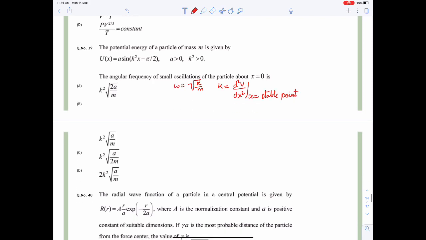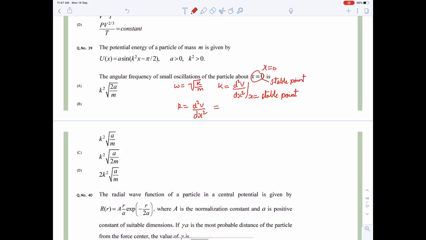Now if you calculate k from here, this is your V, or you can say U. You have to calculate it at x is equal to 0. So this is your stable point.